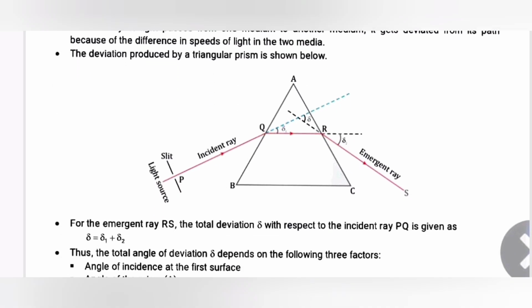As you can see, there's an incident ray passing through it, and it gets bent towards the normal as it's going from rarer to denser, and then away from the normal going from denser to rarer.